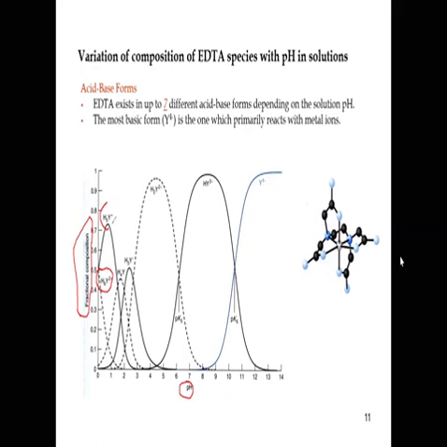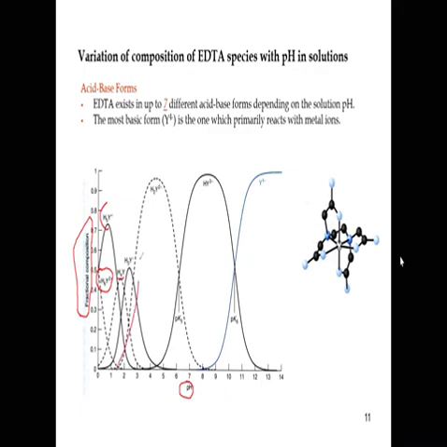H5Y plus is in its maximum when the pH is somewhere in 1, where one nitrogen is protonated. Here both nitrogens are protonated at maximum, and the composition changes like this. Once the composition changes, other species appear, right? The other species here like that.